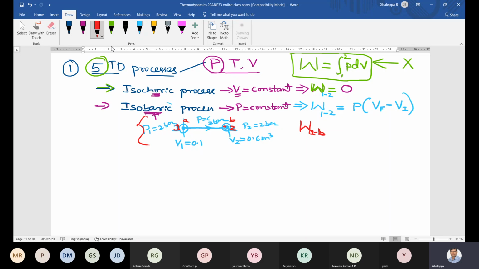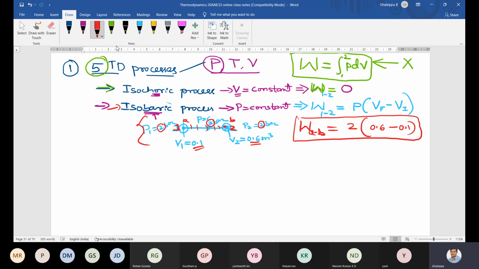Work done during A to B is equal to, what is the pressure throughout the process? It is 2 bar and it is constant. At each and every point the pressure is constant, so substitute 2. How much is the final volume? 0.6. 0.6 minus the initial volume, 0.1. So this is how we have to calculate work done for an isobaric process.